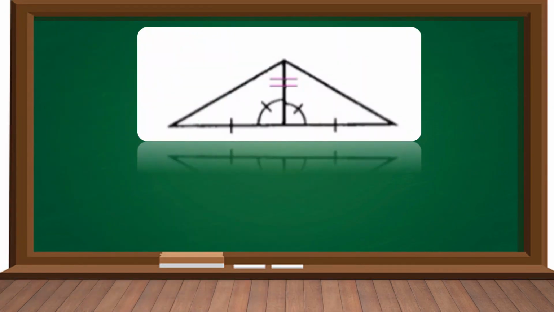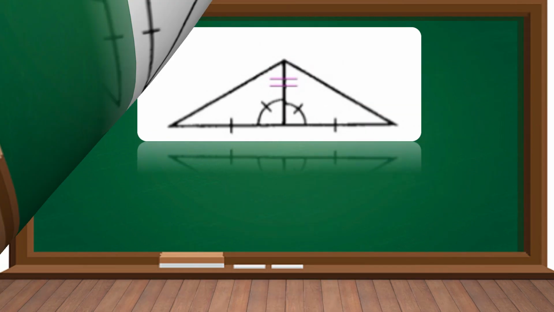In the figure, we have a side common to both triangles. By using the reflexive property, we can say that this side common to both triangles is equal by itself.